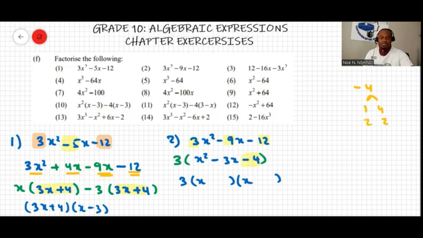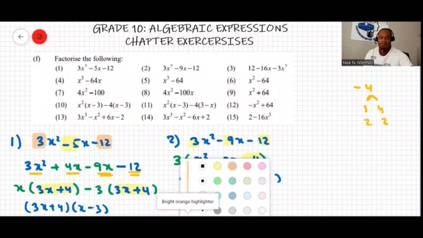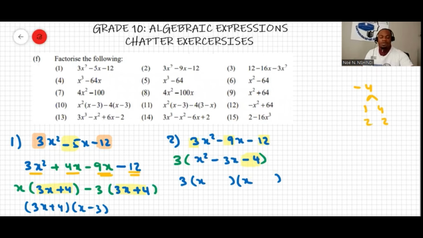If I ask myself how can I get from the factors of 4 a sum that will make the coefficient of the middle term -3, only if I have a +1 and -4. So those are the values I can place in here, +1 and -4.